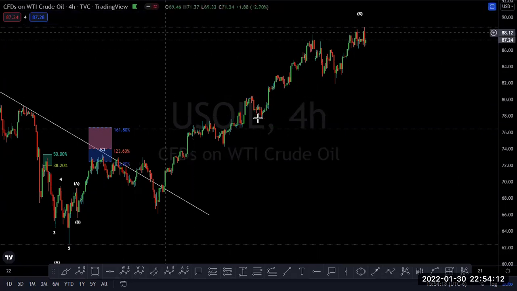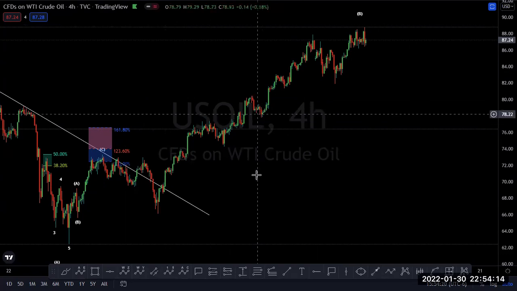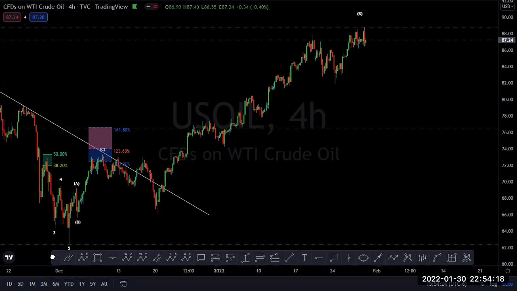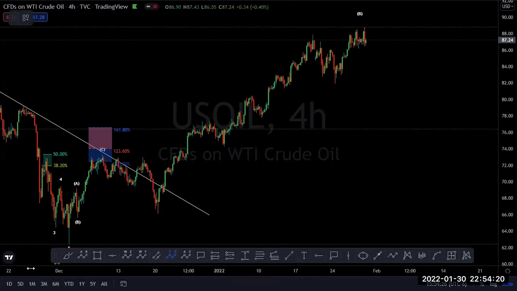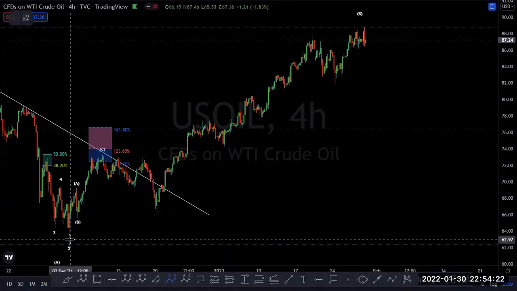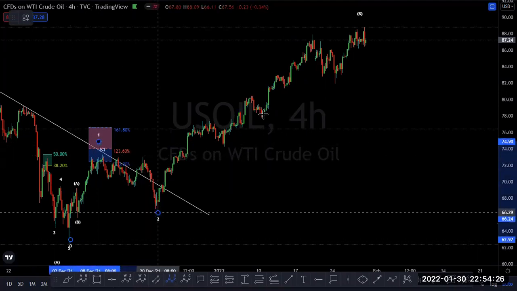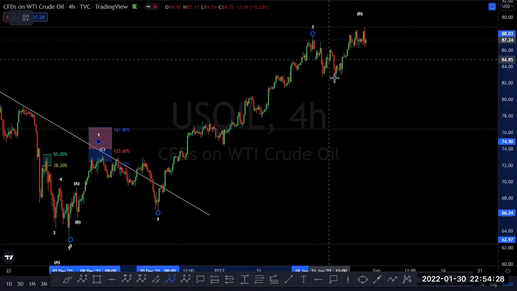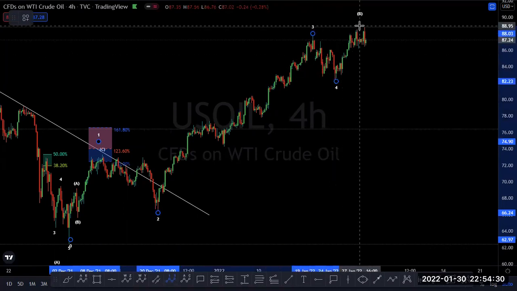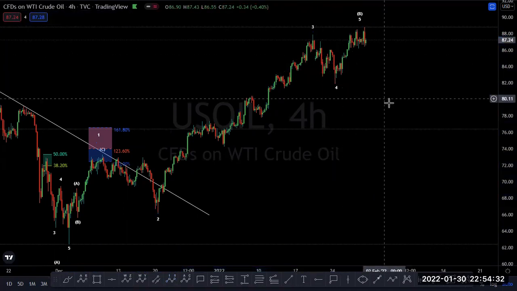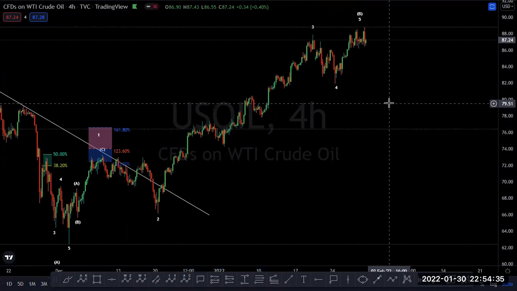Now it's midnight already. The structure seems to have changed, because what I can see now, let me show you, I see this as 1, 2, 3, 4, 5. And normally, a B wave cannot be 5 waves.